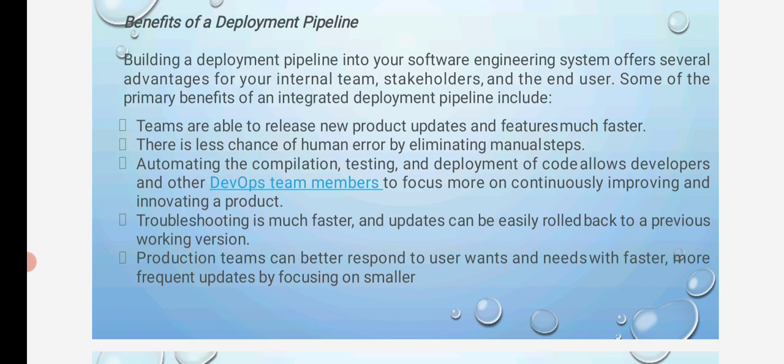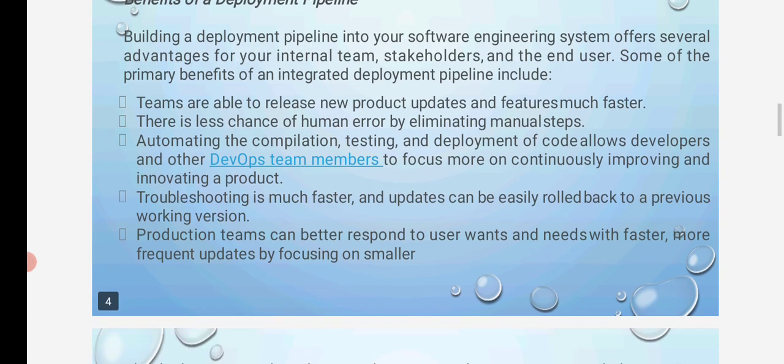Some of the primary benefits of an integrated deployment pipeline include: the teams are able to release new product updates and features much faster. There is less chance of human error by eliminating manual steps, and automating the compilation, testing and deployment of code allows developers and other DevOps team members to focus more on continuously improving and innovating a product.